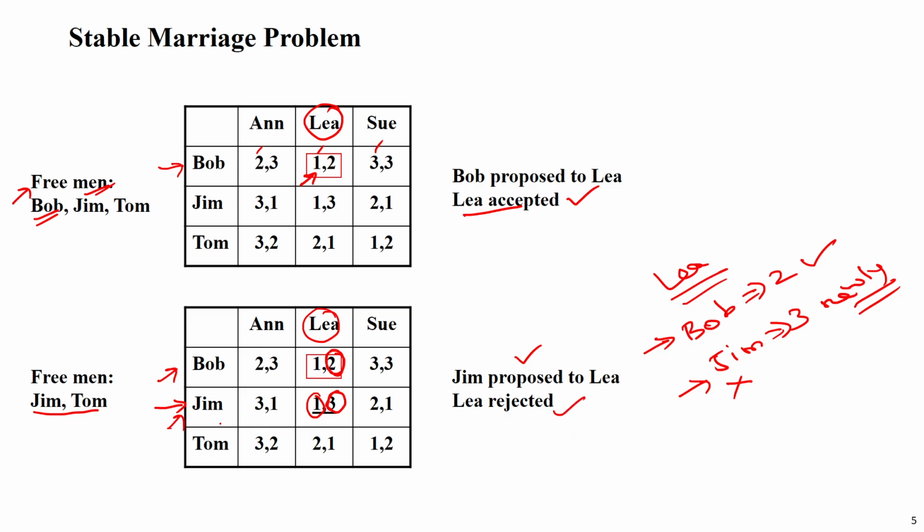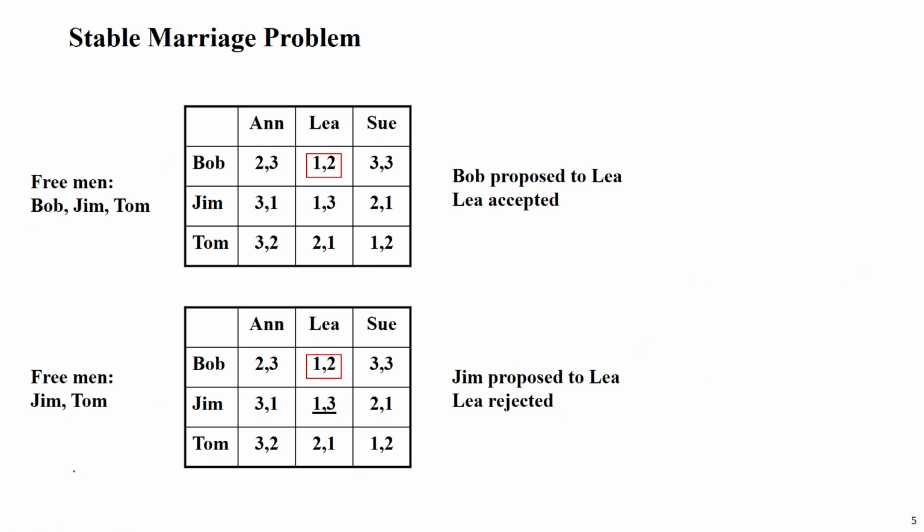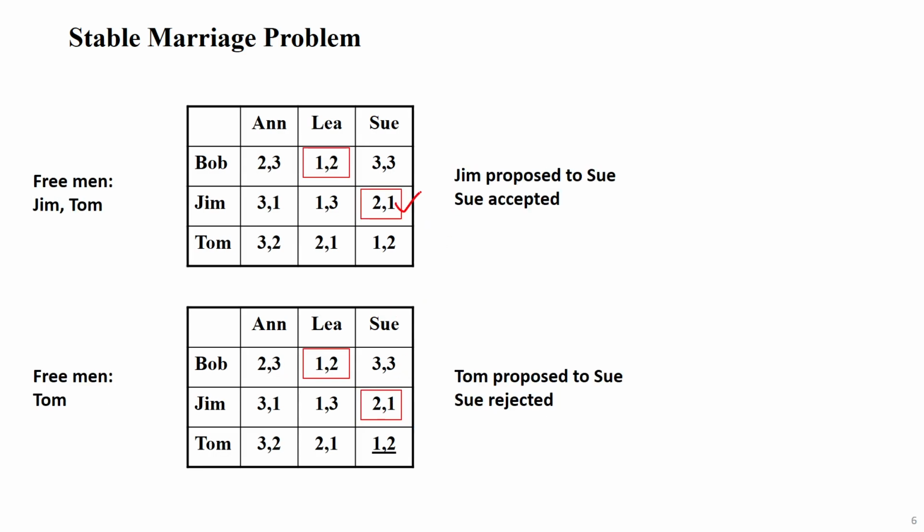After rejection, Jim's second preference is Shu. Shu is now free. So since Shu is free, she accepted Jim's proposal. As of now, Jim and Bob both are matched. Only the free man is Tom. Then Tom is sending the proposal based upon his ranking list. The first rank is Shu, right?